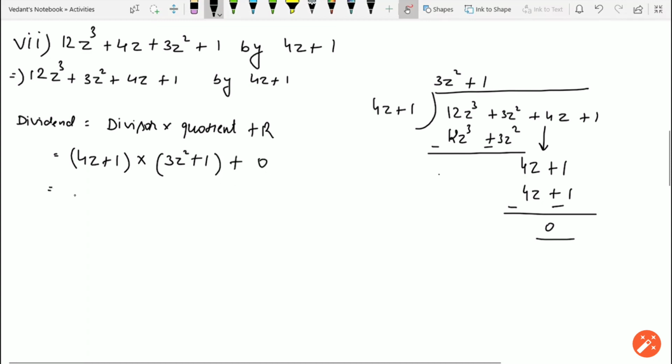The quotient plus remainder is 0. We multiply 4z with both terms 3z square plus 1, plus 1 multiply with again 3z square plus 1, and remainder is 0, so no need to write.